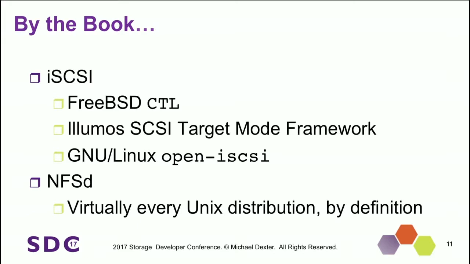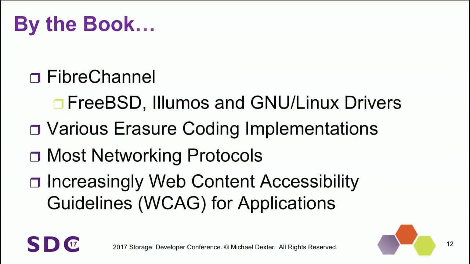So standards compliance and validation are of great value in those environments. Naturally, NFSD, it's not Unix if it doesn't speak NFS, so that's been a very well proven technology, though NFSv4 has added complexity to an arguably simple, arguably complex solution.